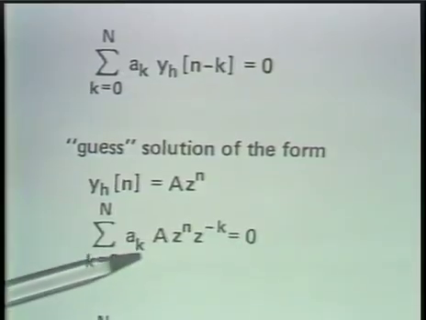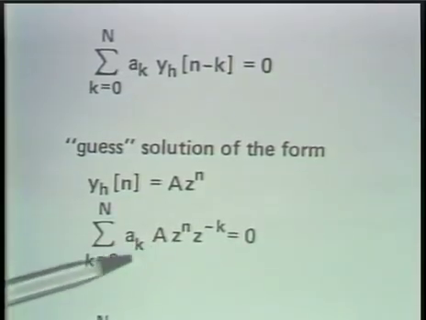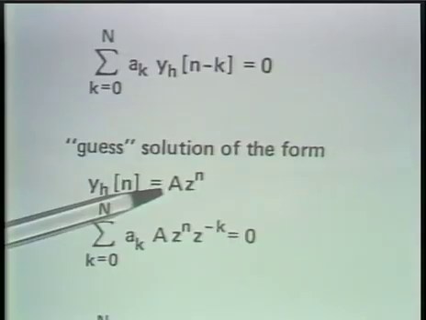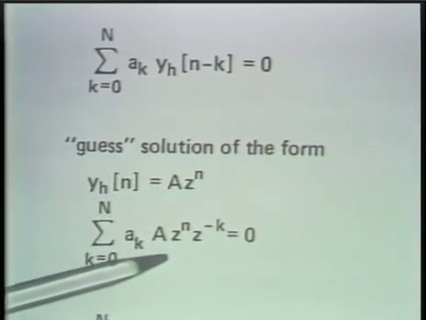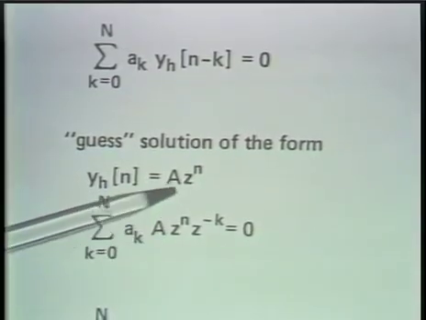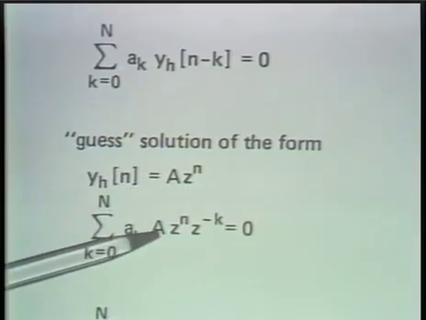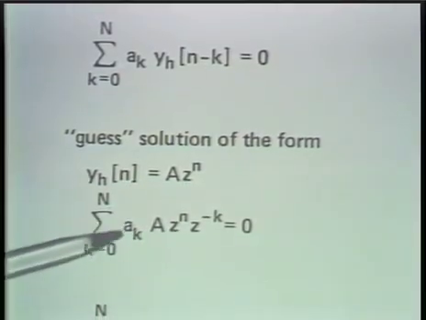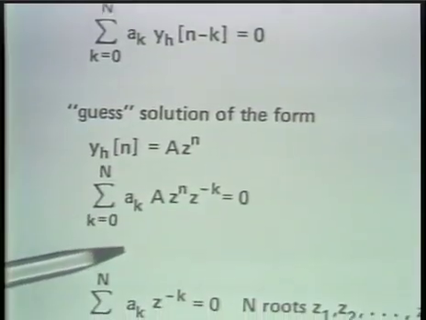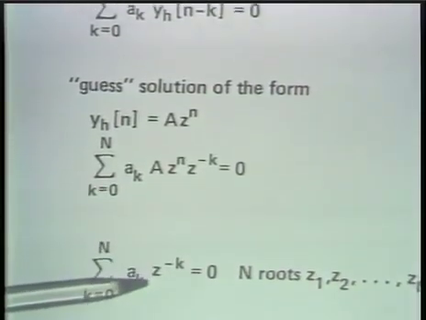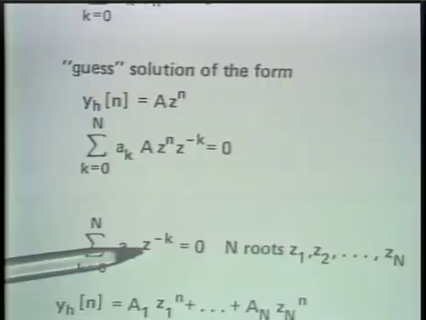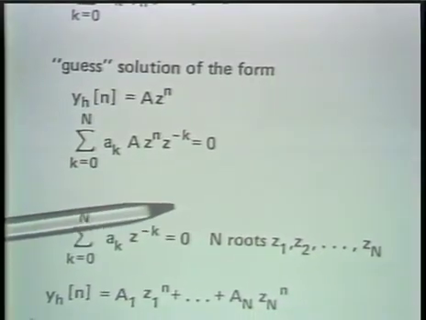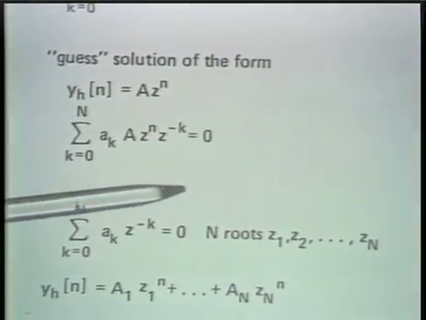We recognize again that a, the amplitude, and z to the n, this exponential factor, cancel out. And so this equation is satisfied for any values of z that satisfy this equation.